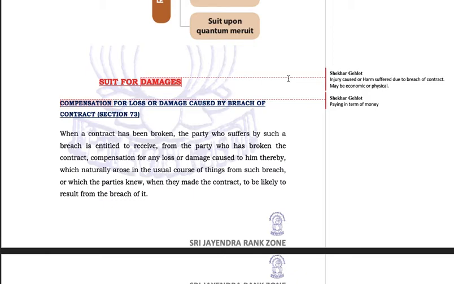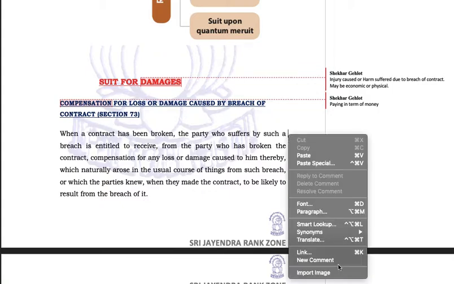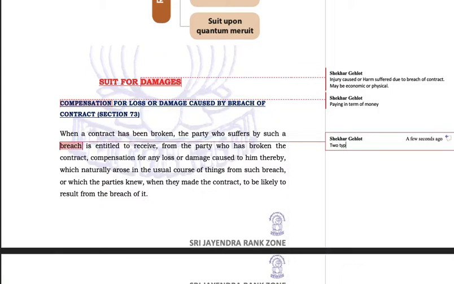Okay, now there are two types of compensation: damages which are actually suffered, or damages which were agreed upon in advance, that tomorrow if some party will break the contract or will refuse to perform his part of the obligation, this much shall be the damages which the other party will suffer, and the breaching party shall compensate the other party.